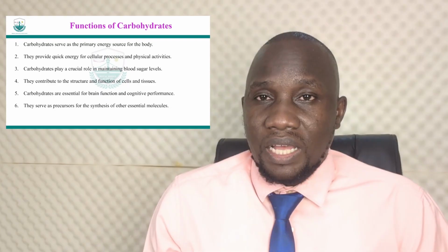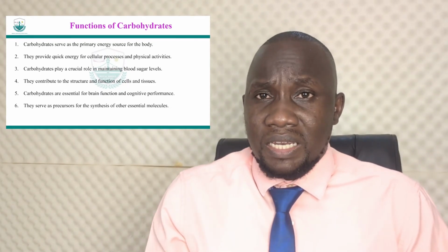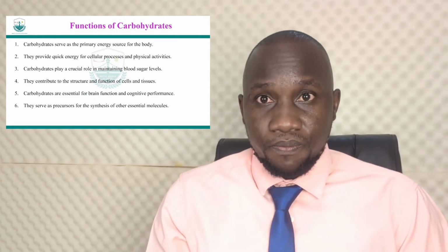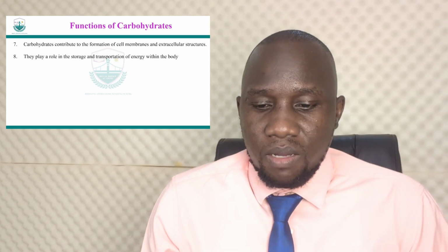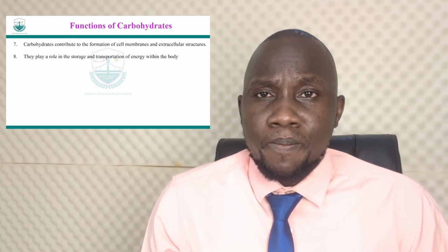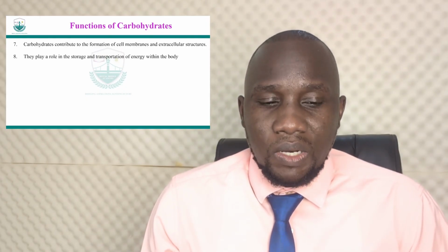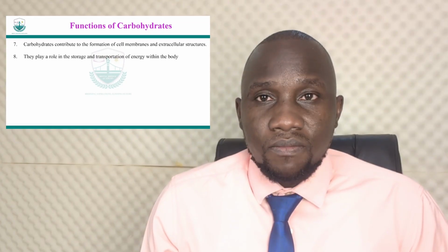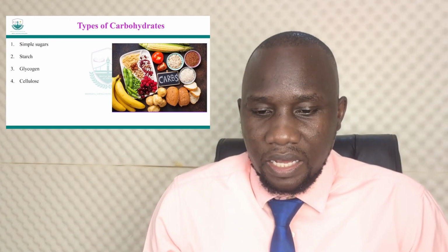I already talked about the glycoproteins, but there are also other molecules that can be made from carbohydrates. We have talked about glycoproteins in cell membranes, and carbohydrates can also be used for making extracellular structures. And then the point about energy, we have already explained that.